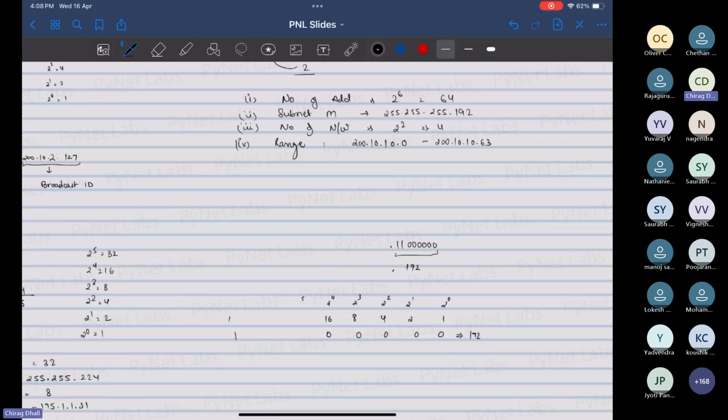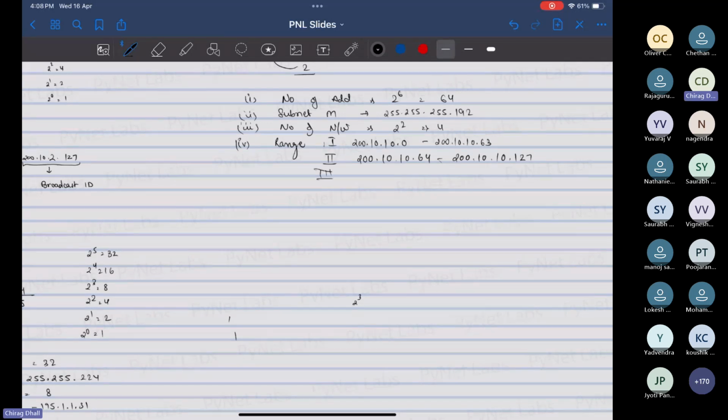The second part of this network will be 210.10.64 to 210.10.127. That's going to be my second part.